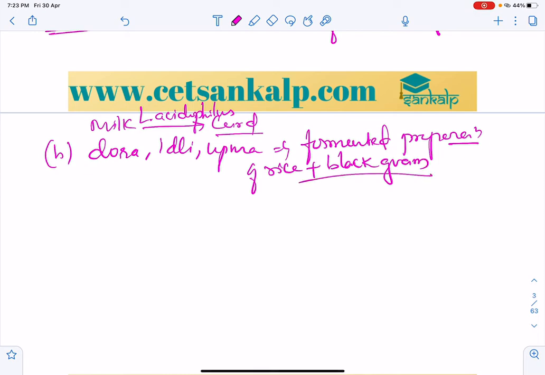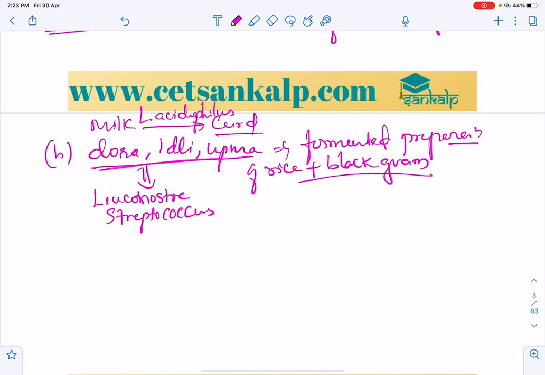So this is what you have to keep in mind. Here they use Streptococcus species and Leuconostoc species.